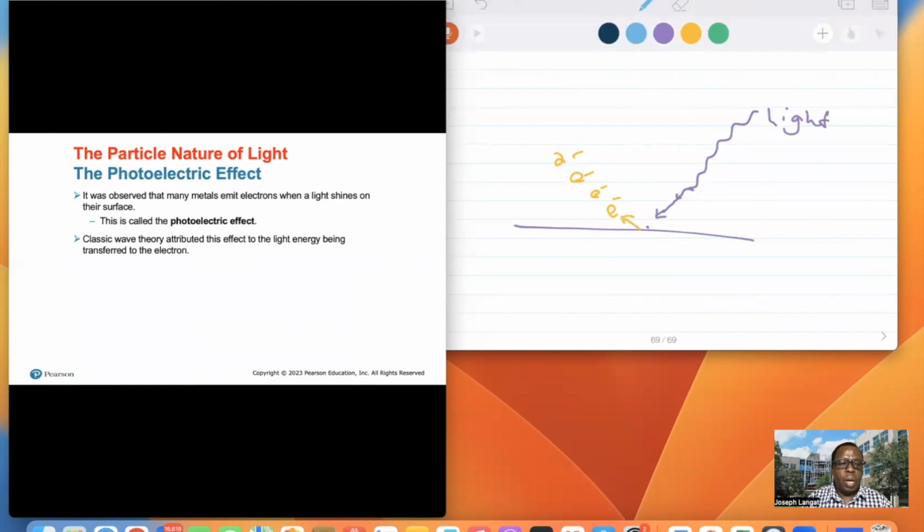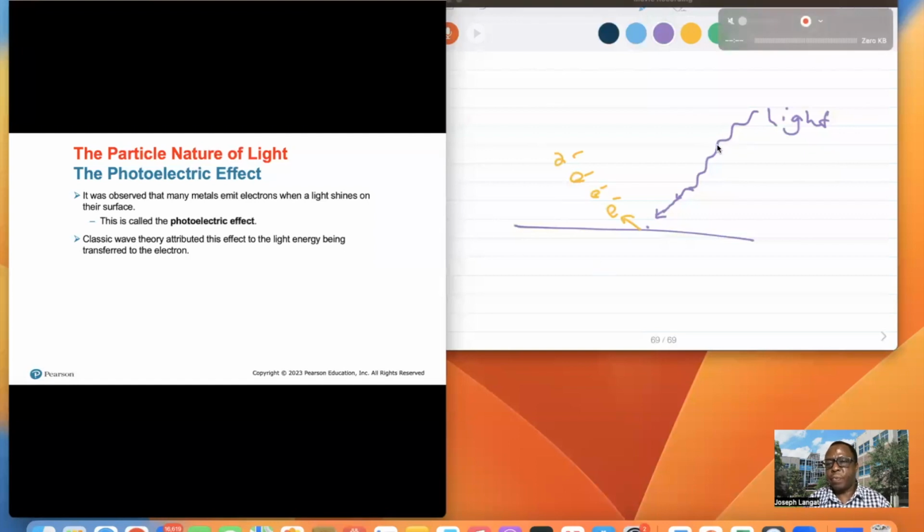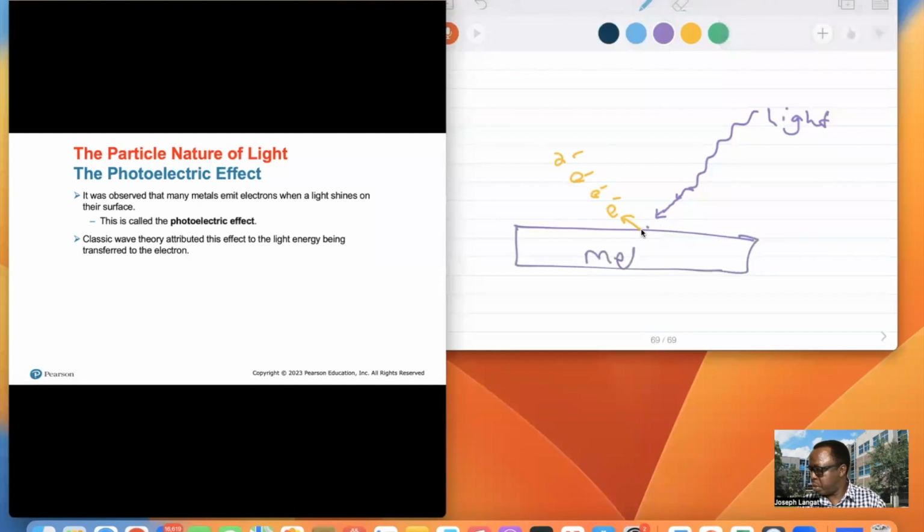Classical physics, or classical wave theory, attributed this effect to the light energy being transferred onto the electron. So they assumed that there is some energy from the light which is transferred onto the electron on the metal surface.